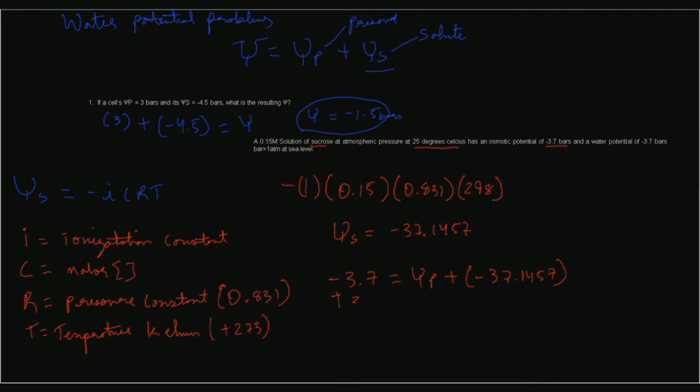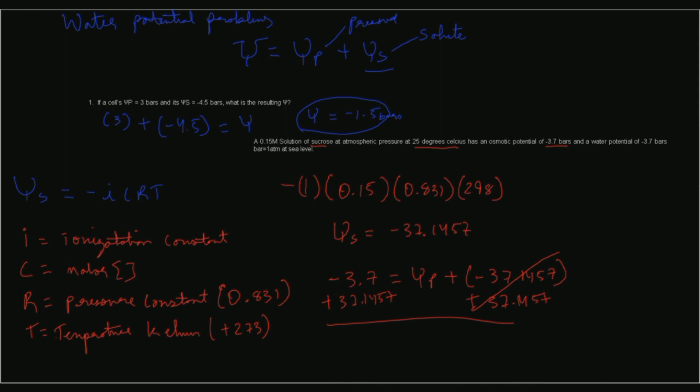All we have to do is add 37.1457 to both sides, and then you can find your answer. So this would cancel out. You would have negative 3.7, plus, so you would get negative, no, you wouldn't get negative. Plugged it in wrong.